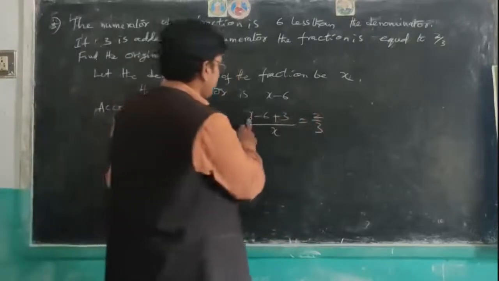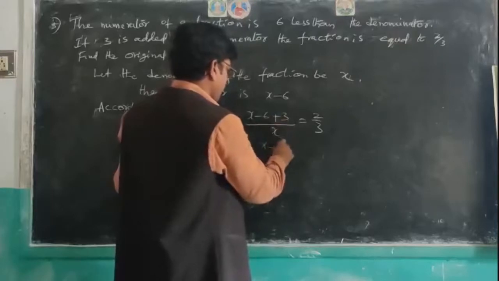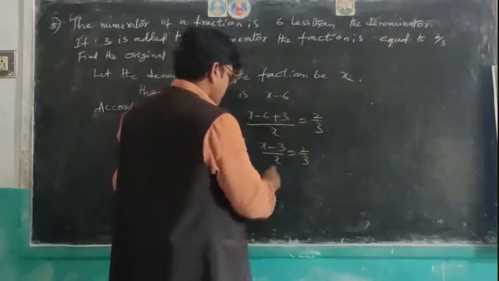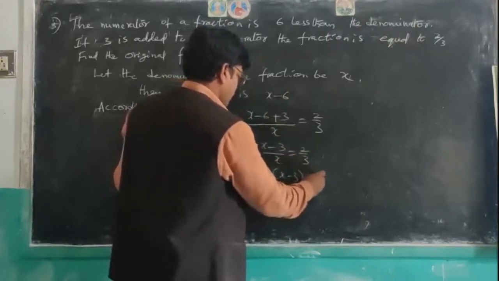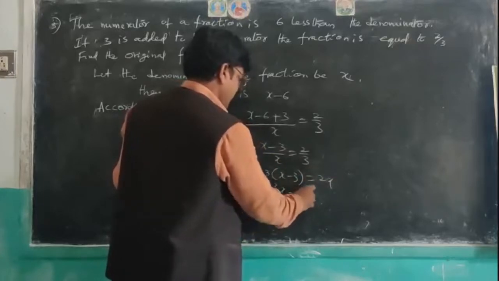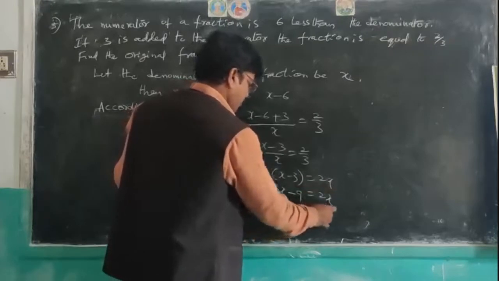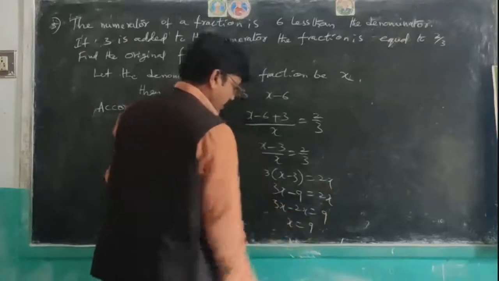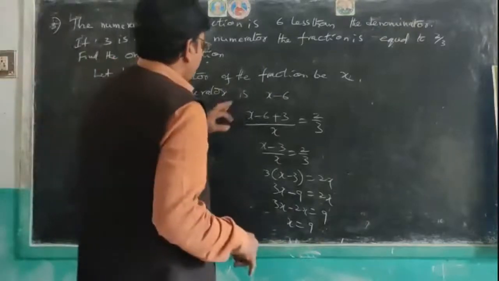Find x. Cross multiplication: 3 into x minus 3 equals 2x. 3x minus 9 equals 2x. 3x minus 2x, x equals 9.